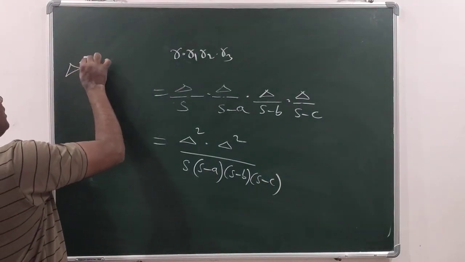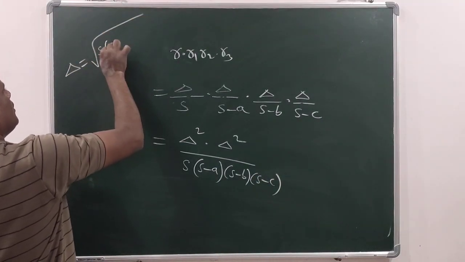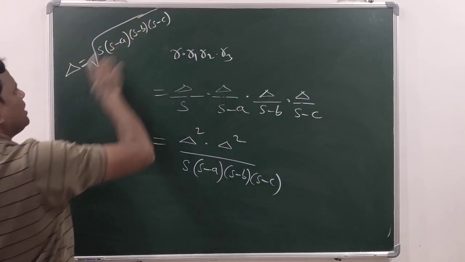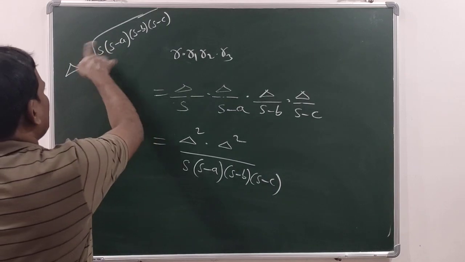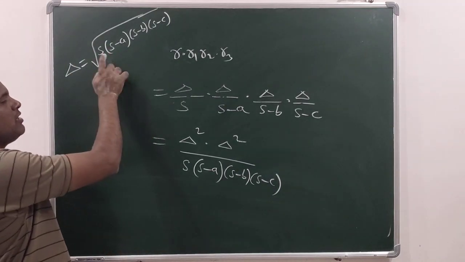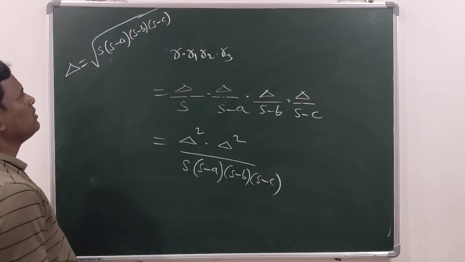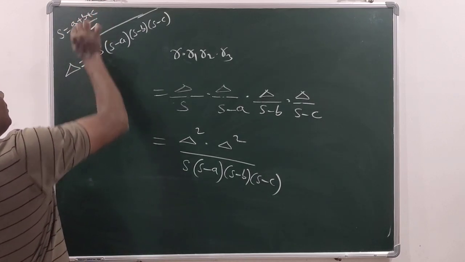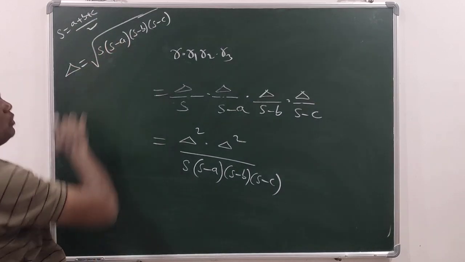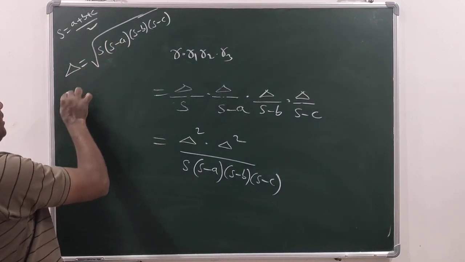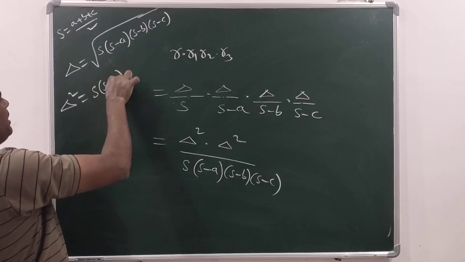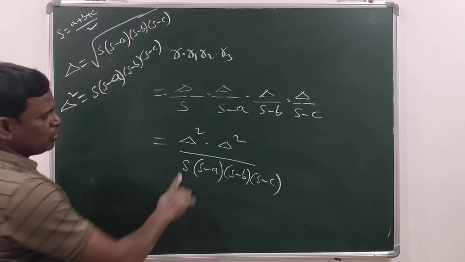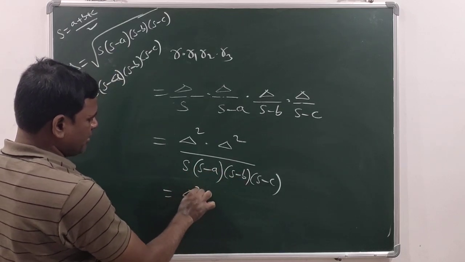You know, students, Heron's formula. We use this formula to find the area of the triangle, which is derived by Heron. Hence, on behalf of his name, we are calling this formula Heron's formula. You know what is S here? Semi-perimeter. Okay. Now if you take square on both sides, what do you get here? Delta square is equal to S into S minus A, S minus B, S minus C. So now replace this by delta square.